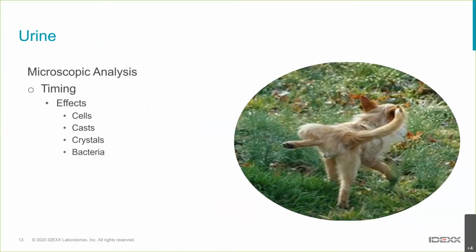And if a sample is getting particularly old, if the pH changes, crystals that were there might dissolve, and crystals that weren't there might form. So a urine sediment exam done a long time after collection can be challenging to interpret. It's really important to do the sediment exam as soon as we can after the collection of the urine.